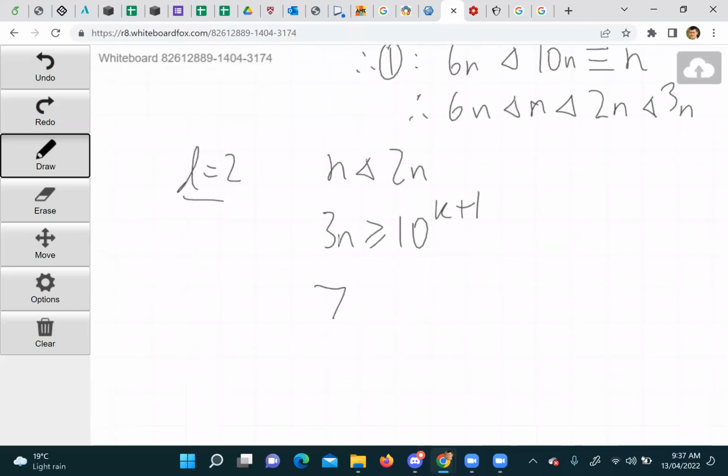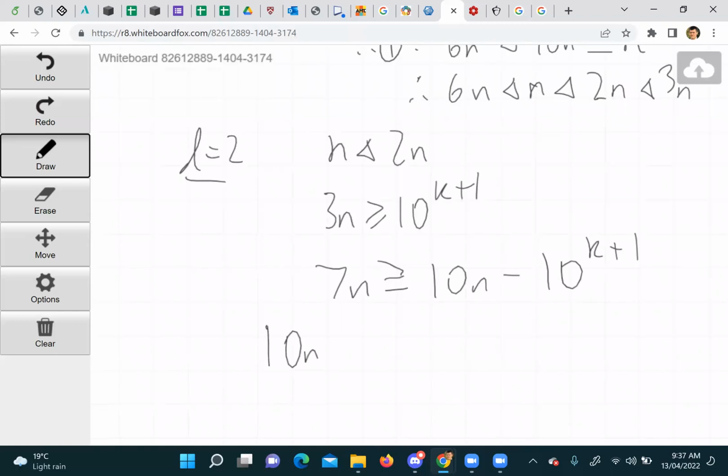So that means 7n is equal to 10n minus 3n, greater than or equal to 10n minus 10 to the k plus 1.